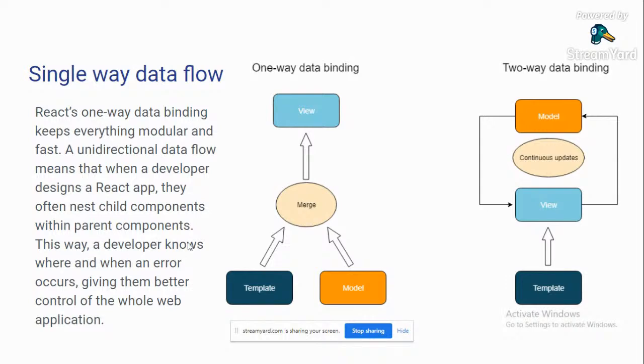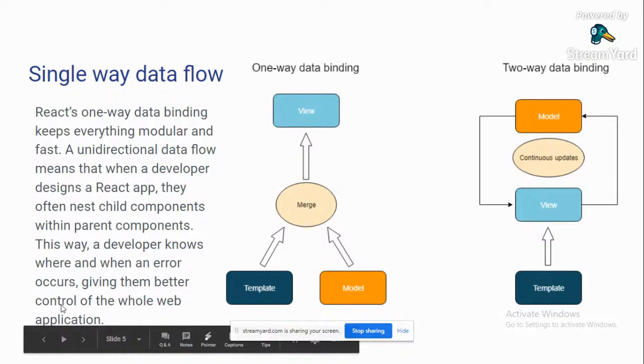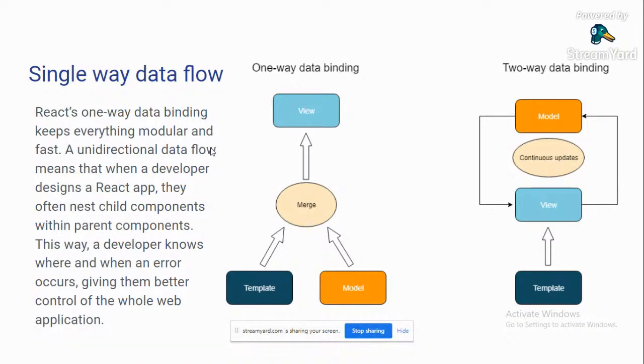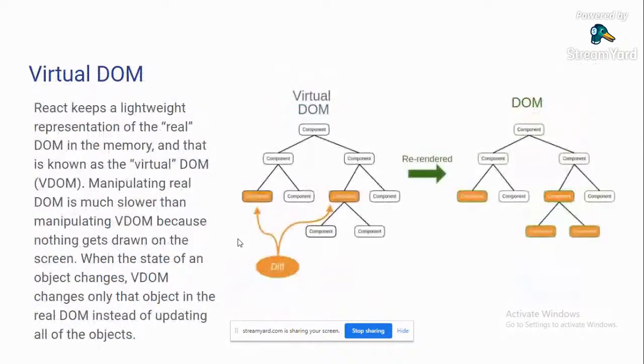This way, a developer knows where and when an error occurs, giving them better control of the whole web application. When we represent a DOM tree or virtual DOM tree, that is a tree-like structure. We have nodes, which are leaves, and we have the root element, and then the whole nodes and children. That really helps in traversing, or you can say even debugging.